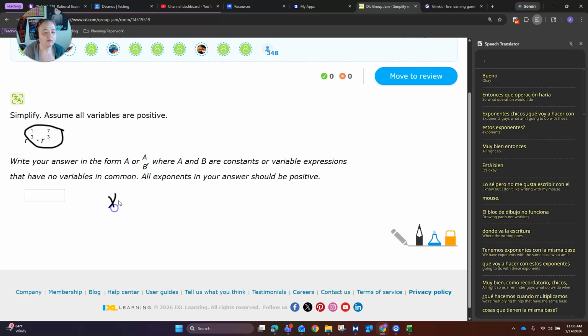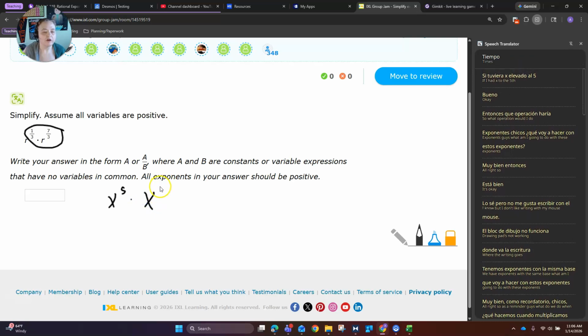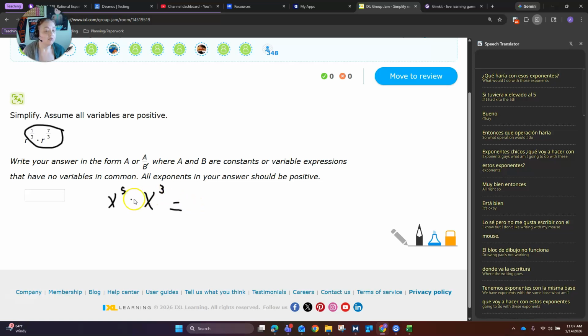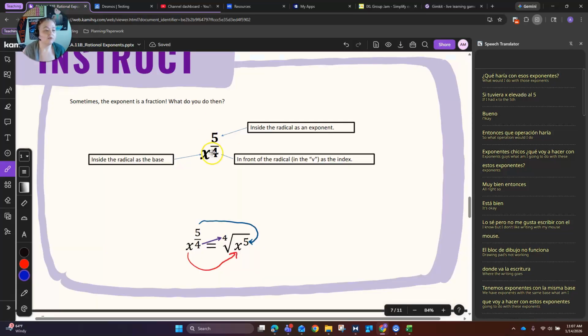If I had x to the fifth times x to the third, what would I do with those exponents? Oh, let's go back to our formula chart.